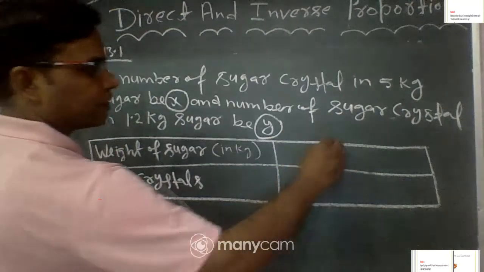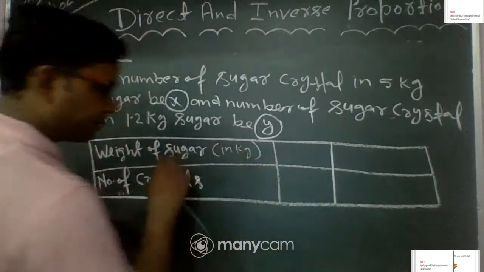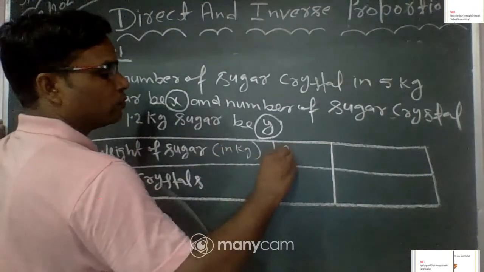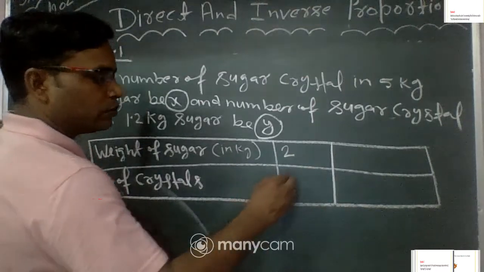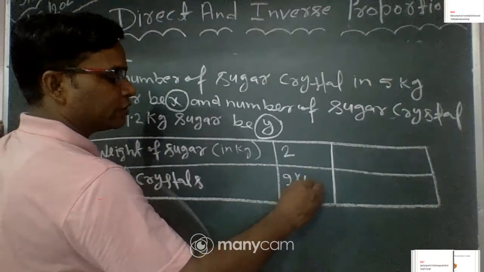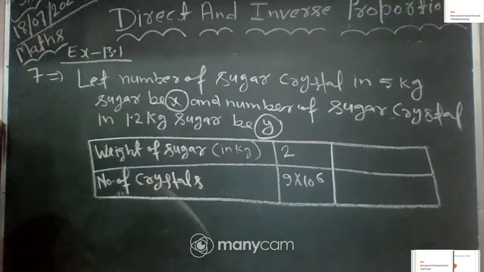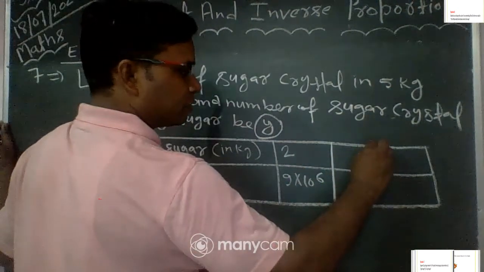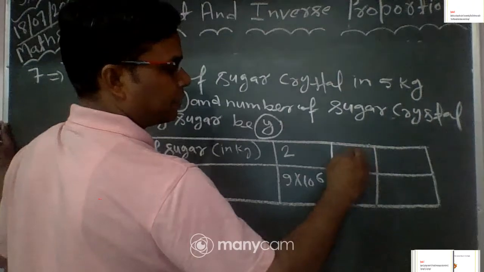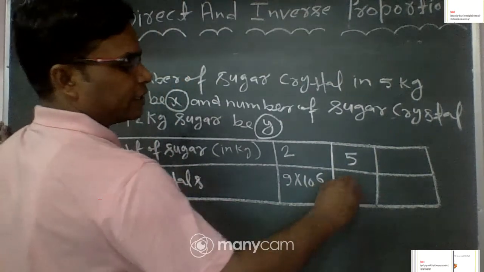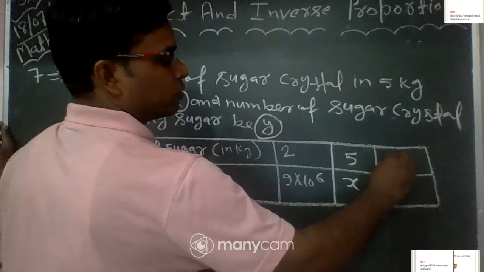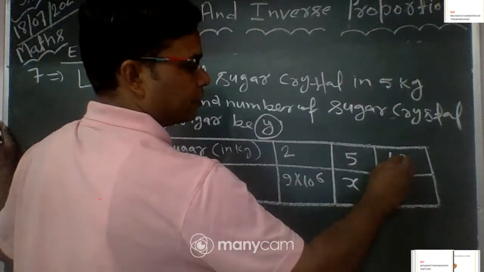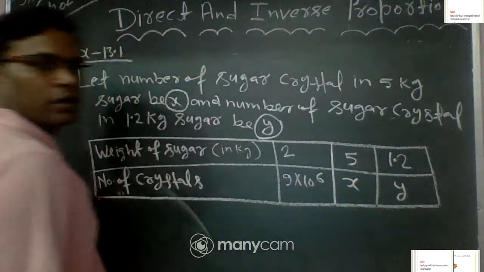Here it is given that 2 kg sugar has 9 into 10 power 6 crystals. For 5 kg sugar, how many crystals? We let x crystals. In 1.2 kg sugar, how many crystals? We let y crystals.